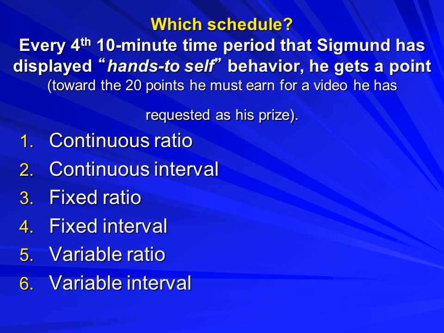Did he keep his hands to himself during that entire 10-minute period? Okay, so we do have the passage of time, blocks of time. I'm going to go with fixed interval. Every fourth passage of a time period, this youngster receives reinforcement.